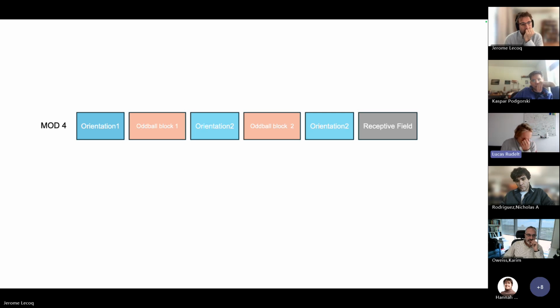One point, something I was also asking last time: if it would make sense to actually have two experimental designs. One essentially targeting the modulation part, trying to minimize the effect that learning could have in the comparisons, and then one where we focus more on the learning, on the comparison between orientation 1 and orientation after oddball.